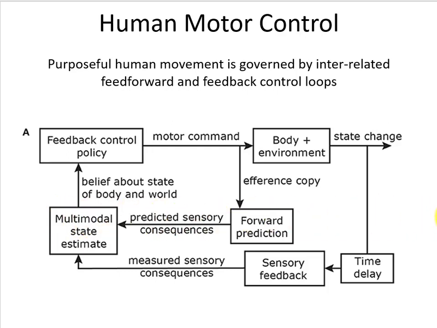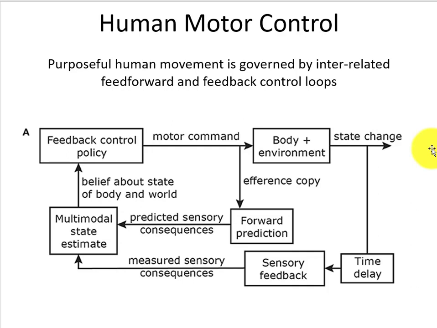For example, are we going to rely on vision or vestibular or both of those senses? Then we can make a motor command coming from the central nervous system, which is placed into the body and the environment, for example, making a reaching movement, which eventually will lead to a change in state because your hand has moved from its initial position.